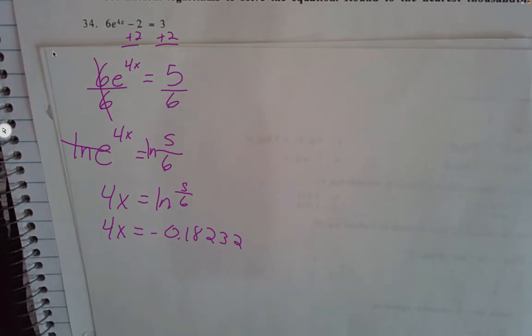Does everybody understand that so far? We have one last step. Divide by 4. And if I do that, I get negative 0.04, and it keeps going. Okay?